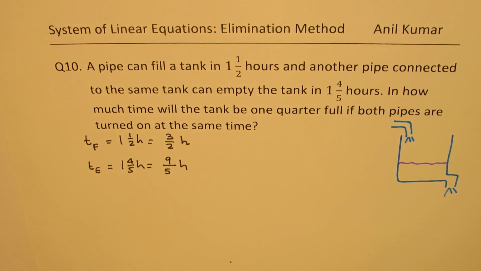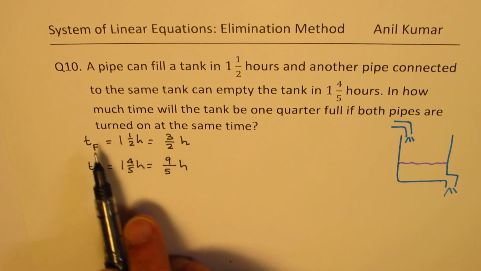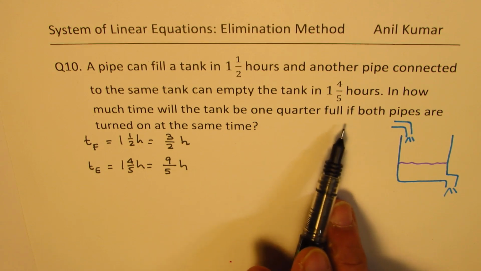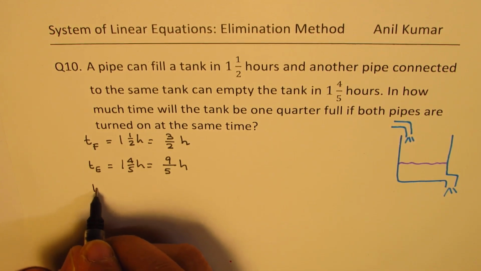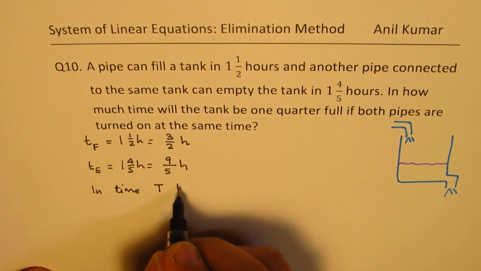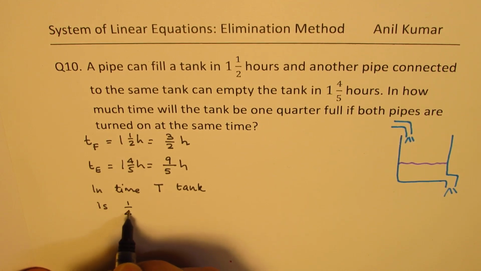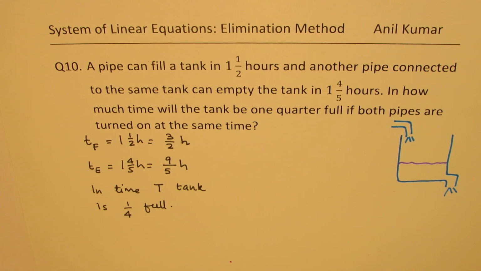Now, when we say empty, we'll use a negative sign. So in how much time will the tank be 1/4 full? So let that time be T. So in time capital T, the tank is 1/4 full. Correct? So that is the condition given to us.